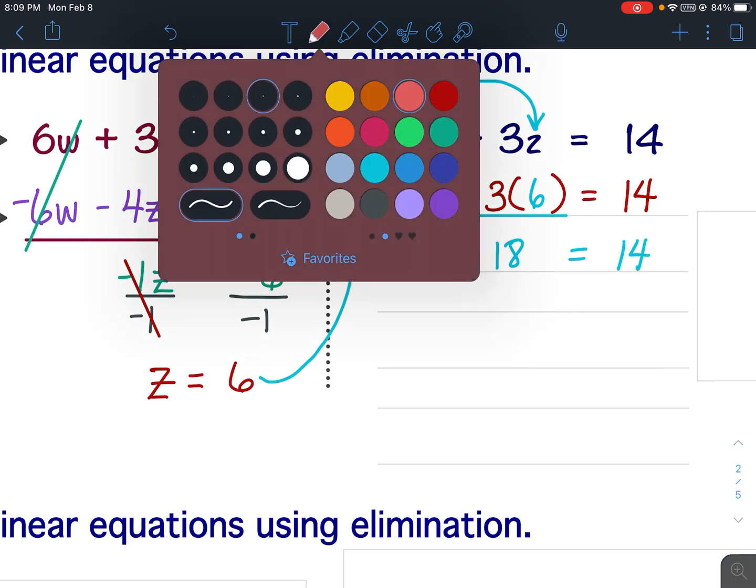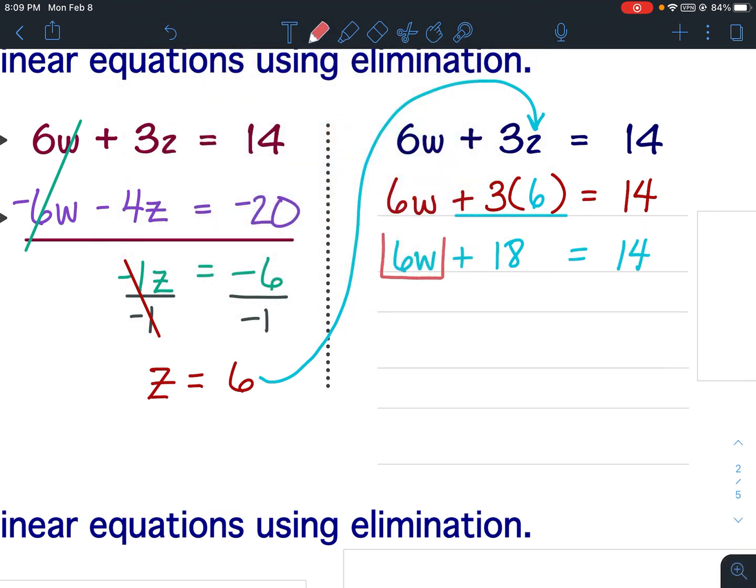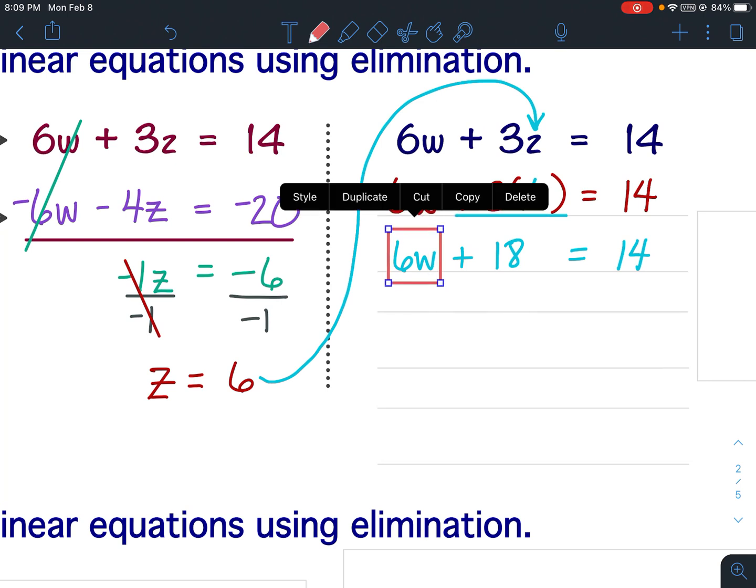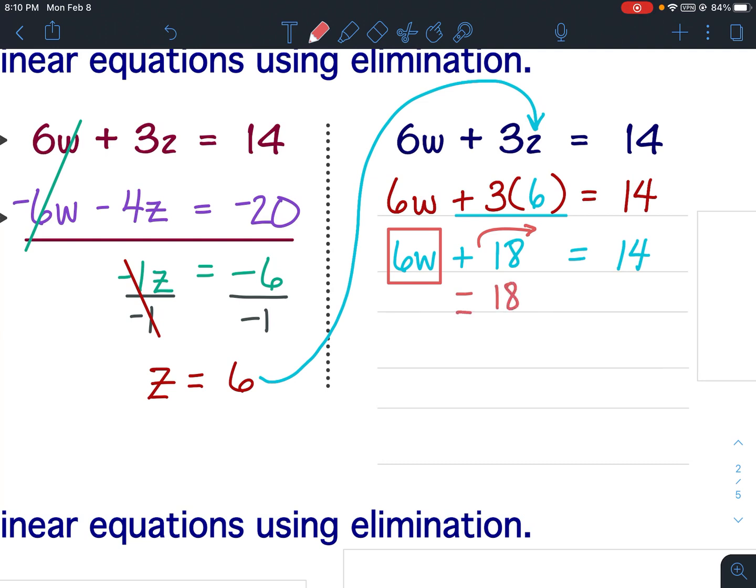Now this becomes a two-step equation. If you want to, you can box your variable term here. And I need to take my constant term to the other side of the equation. Since it is a positive 18, the inverse would be negative 18.